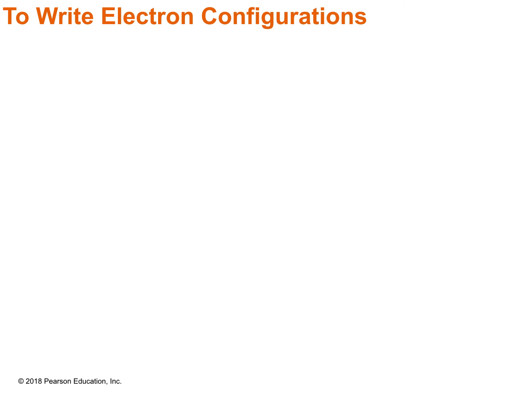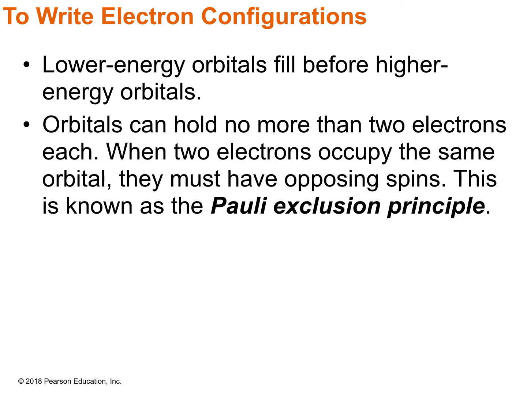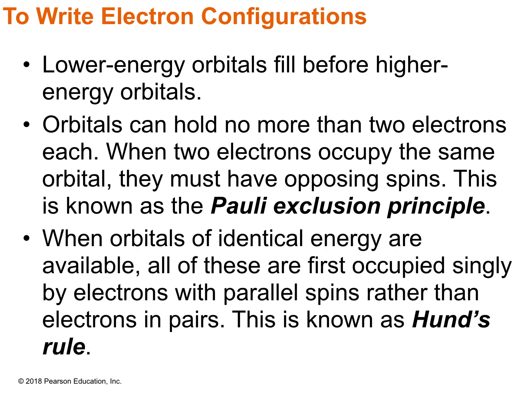All right, so recap. When we write electron configurations, lower energy orbitals are always filled first. Orbitals can only hold 2 electrons, and they must have opposite spins. This is Pauling's exclusion principle, or Pauli exclusion principle.